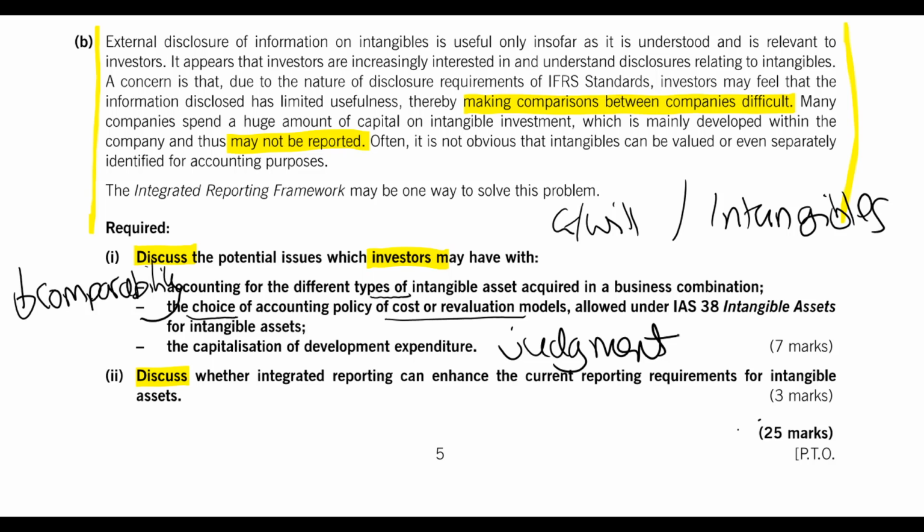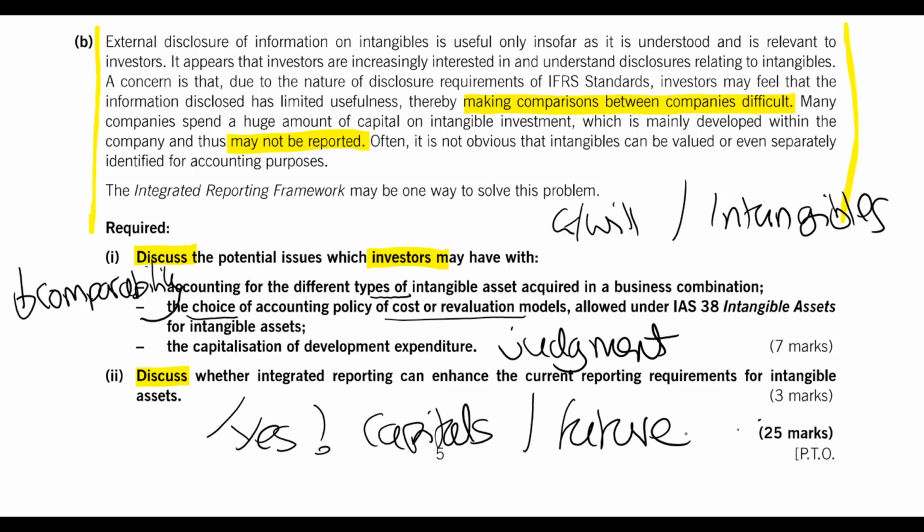Discuss whether integrated reporting can enhance the reporting requirements. Yes, of course it can. Because what integrated reporting does is talk about capitals, talks about the future, talks about not just financials and the past, but talks about the value that we are creating in our intellectual property. This is an interesting question.